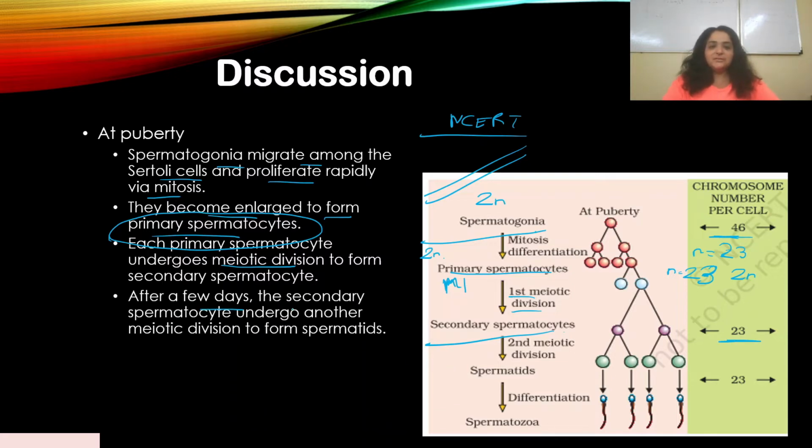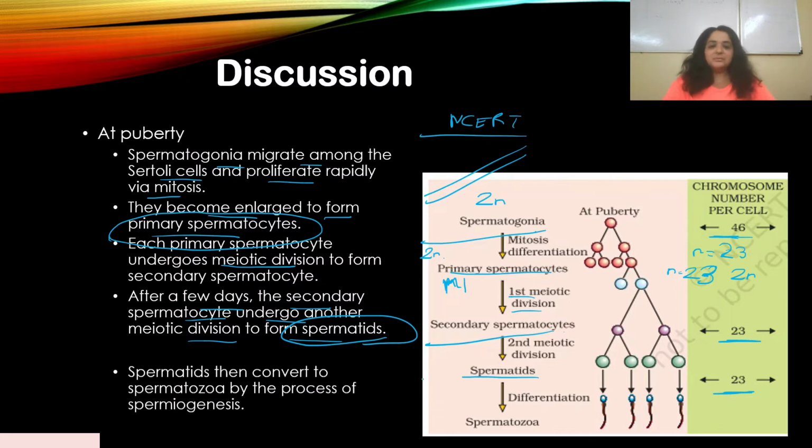After a few days, the secondary spermatocytes undergo another meiotic division to form spermatids. Please learn the difference between mitosis and meiosis. It is very important, and it will help you understand how the chromosome number goes from 46 to 23. So spermatids also have 23 chromosomes per cell.